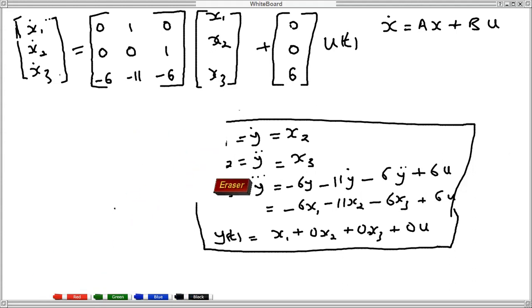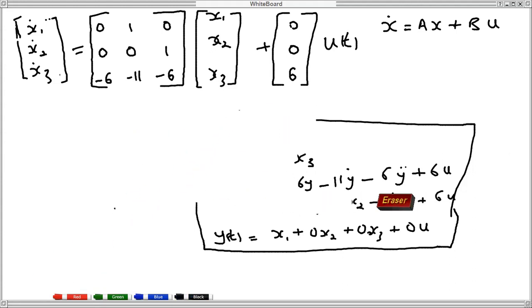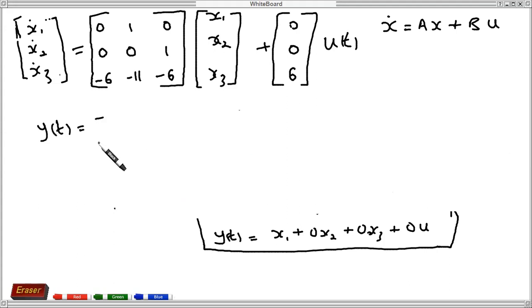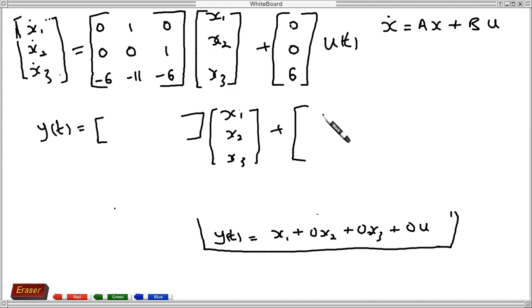Next, we can write the output equation in matrix notation as follows. Our y of t can be written as a matrix C multiplied by the state x1, x2, x3, plus a matrix D multiplied by u. In this case, y of t is x1, 0x2, 0x3.